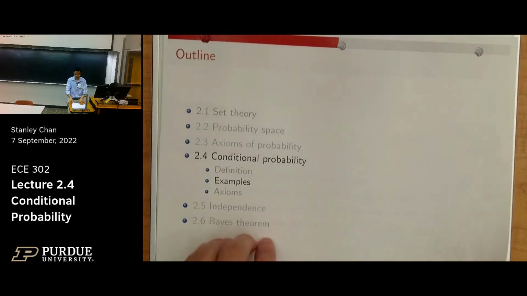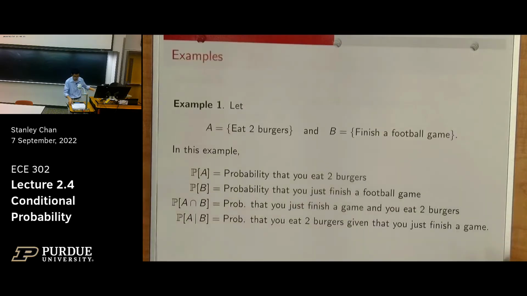Let's look at a few examples to make sure that we understand. This is a more subjective example. Event A: for some reason, you want to eat 2 burgers. Event B: for some reason, you finish a football game. So the probability of A is the probability that you eat 2 burgers.